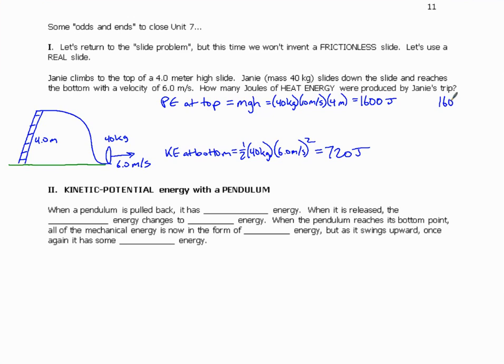And so let's find the difference between these two. So 880 joules. This is the heat caused by the friction. This is how much energy was not converted into usable kinetic energy.